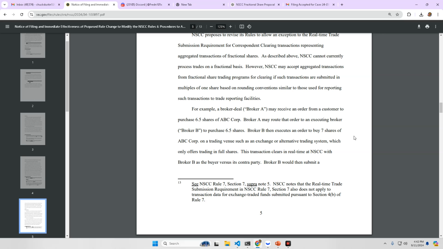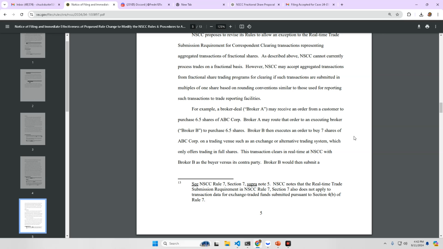So again, just to give you a summary of where we are, because I know this is kind of confusing: Broker A may get an order for 6.5 shares. Broker A may then route that order to an executing broker for 6.5 shares.